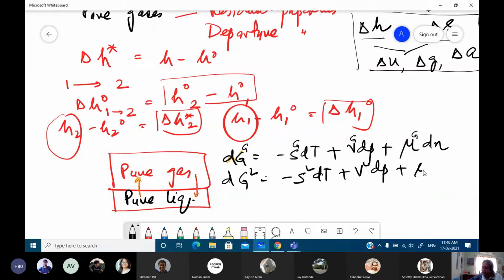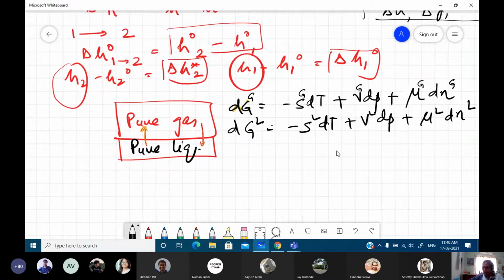This is G and this is L, right? So we can write this out, and we had already defined that under equilibrium, the dG for the total closed system has to be equal to 0.